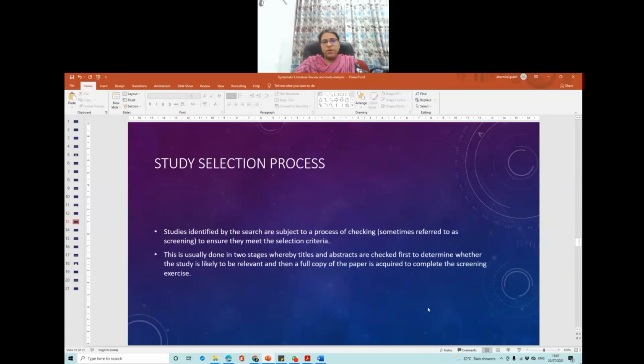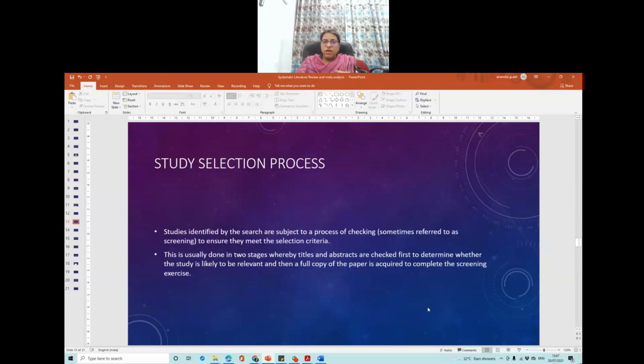Then the study selection process. Now, in the process of doing a systematic review, we have reached a stage where we have developed our research question, drafted our protocol and defined our inclusion and exclusion criteria. According to those criteria, we have worked upon our search strategy.